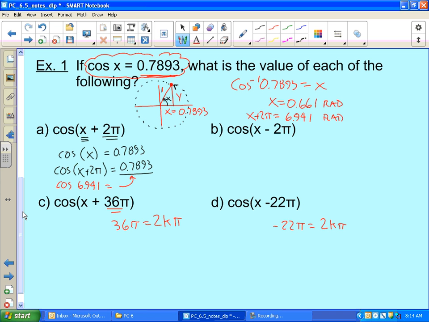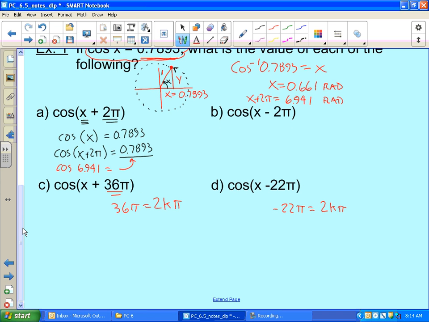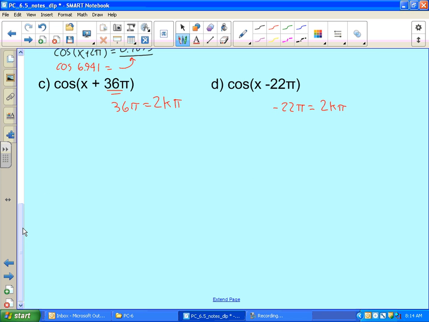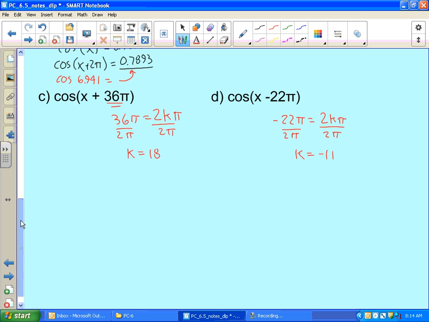So in each of these, we can figure out this k value, which is talking about my number of rotations. So divide by 2 pi, and we discover that k means we've gone around 18 rotations. On D, we divide by 2 pi, and we discover that k has gone around 11 rotations in a negative direction.